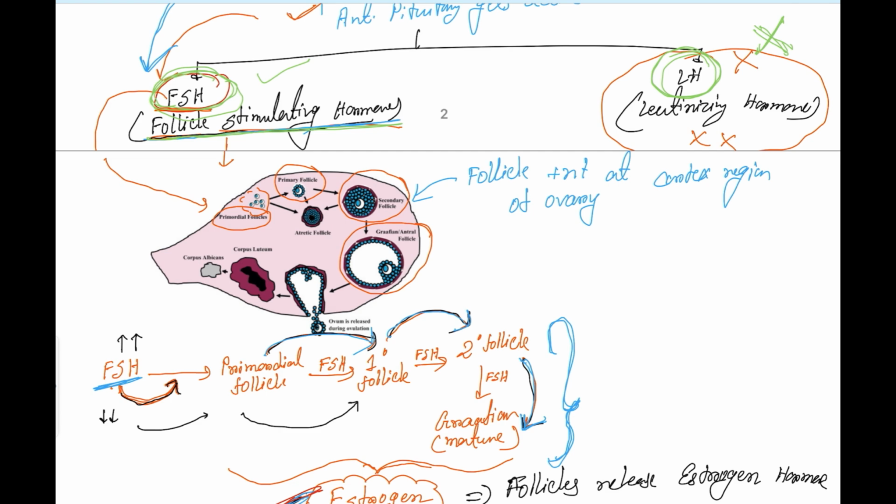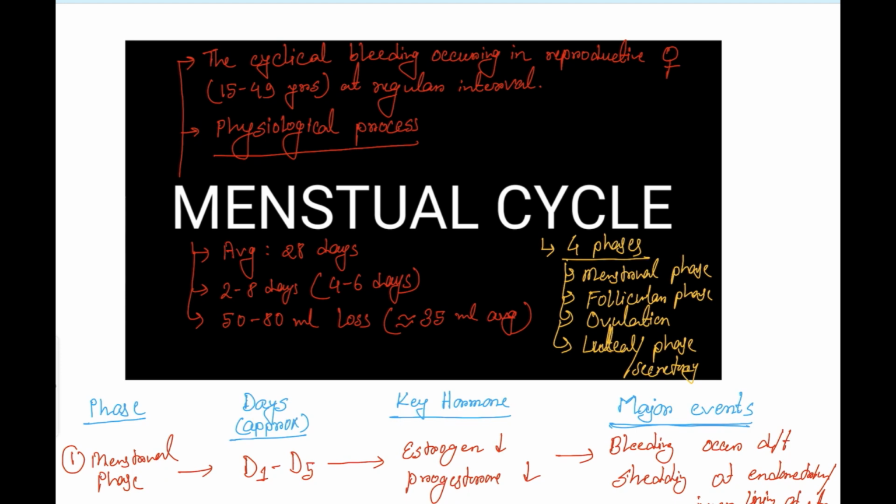Inside the ovary, there are two regions. One is the outer portion, called the ovarian cortex, and this one is your ovarian medulla. In the cortex region, there are many follicles present. So what are those follicles?